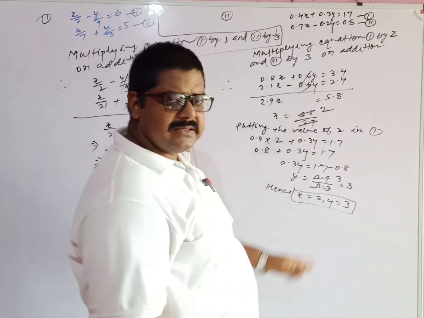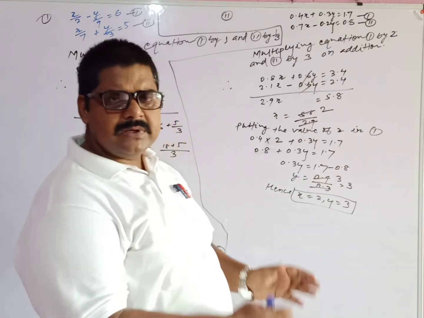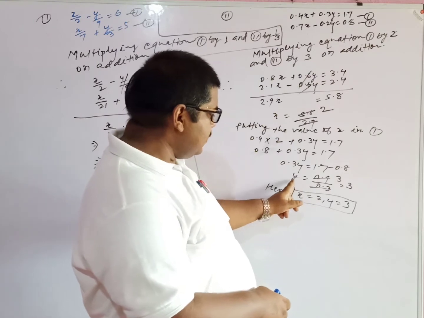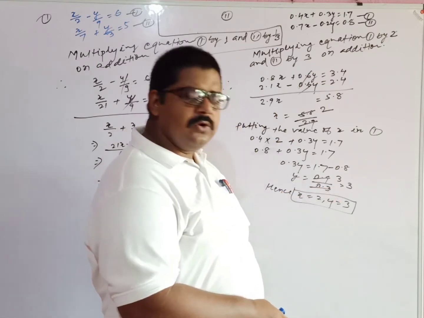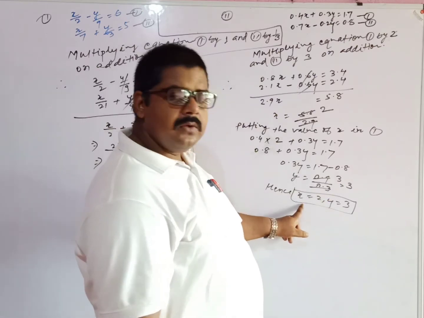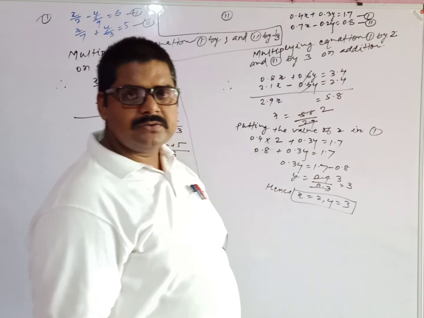Now put this value in the first equation: 0.4 multiplied by 2, because x is 2. Solving the rest, we get y = 0.9/0.3 = 3. So the final result is x = 2 and y = 3.